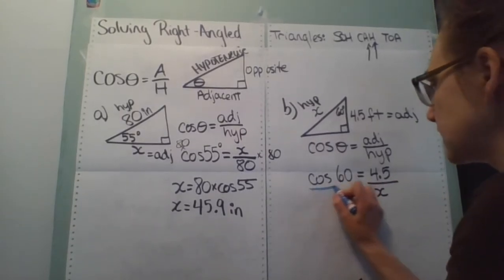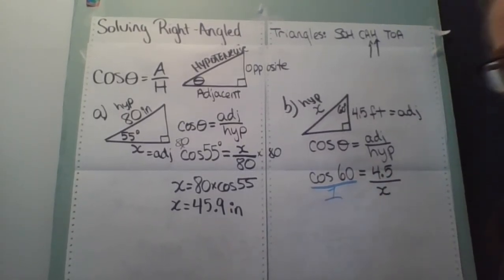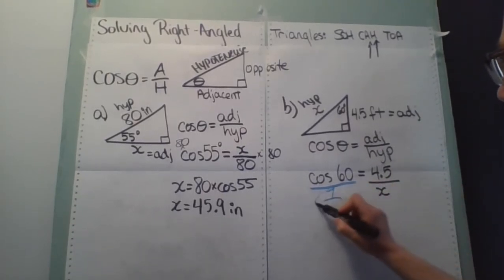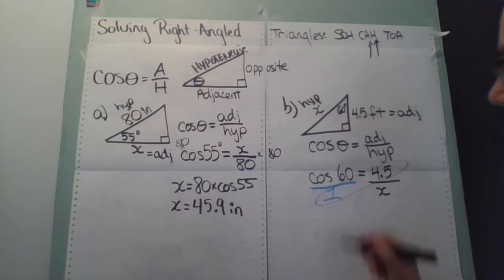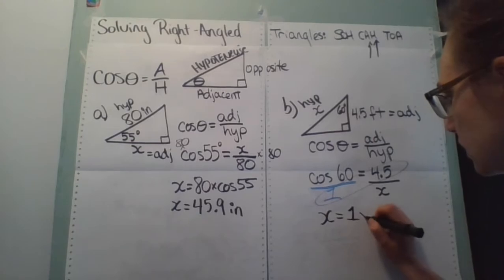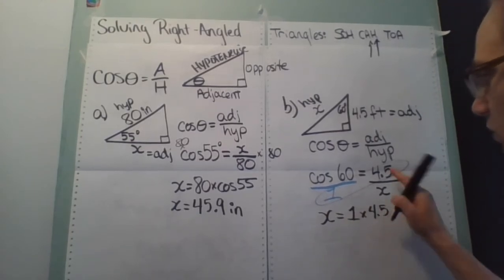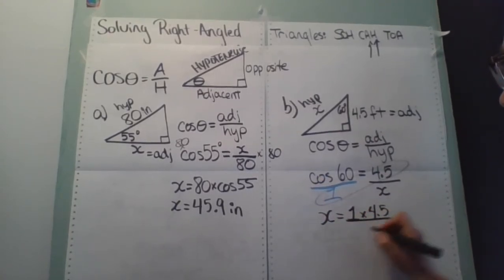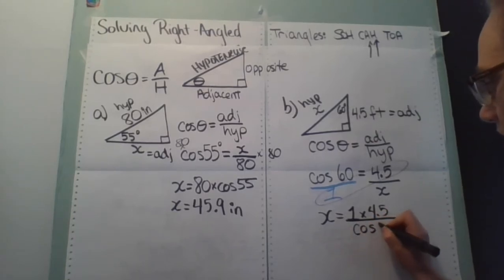So I'm going to say divide by 1 because everything's divided by 1. Cross multiply. So you end up with x equals 1 times 4.5. So you multiply the diagonals, divide by the other guy, divide by cosine 60.